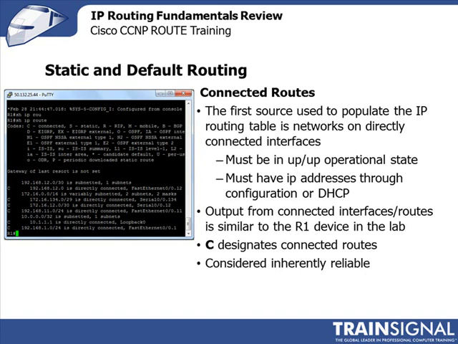There are 2 conditions. The first is the interface has to be fully operational. It has to be in an up-up state. When you actually log into the Cisco command line and you issue the show interface, for instance, fast Ethernet 0/0 command, an entire plethora of information is returned. The first line says fast Ethernet 0/0 is up, line protocol is up.